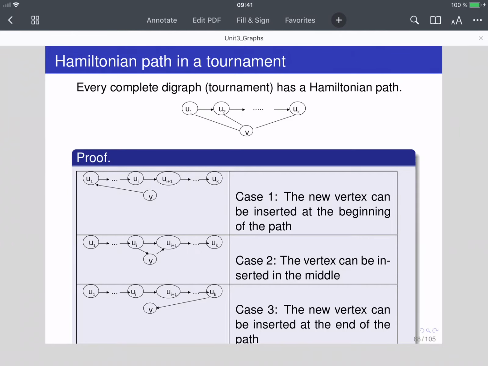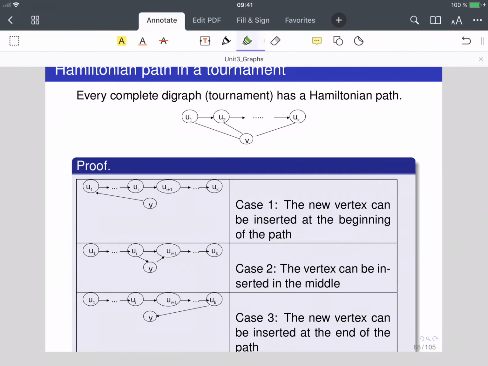We see graphically what this algorithm is doing. So imagine that we already have this path in the graph. We have already inserted these vertices u1, u2, up to uk. And now we need to insert v. V is the next vertex in the list, the next vertex to be inserted.